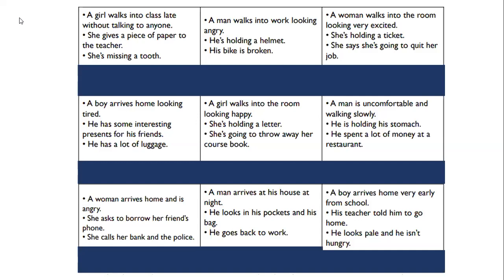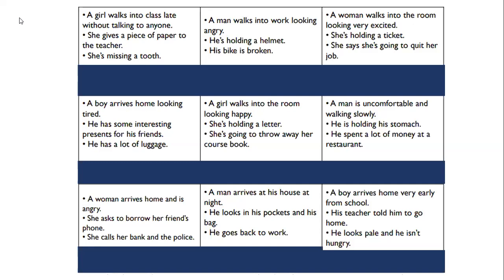What about the rest? Anyone who wants to give an example? I think the man walked in mad because his bike could have broken, and that is why he's holding his helmet. Okay. I think the man may have forgotten his phone in his office.